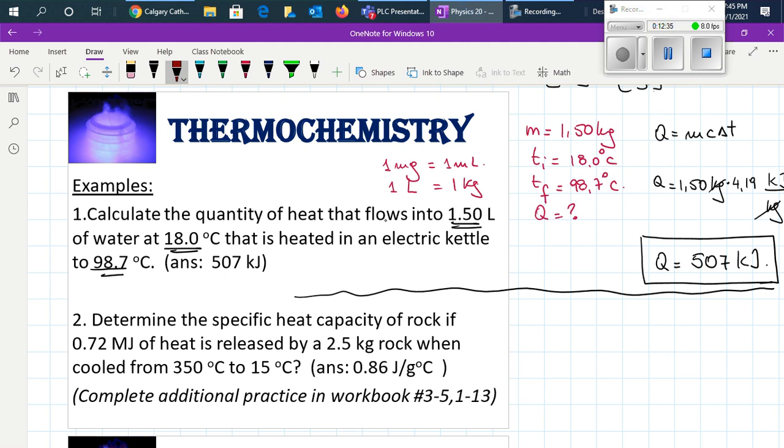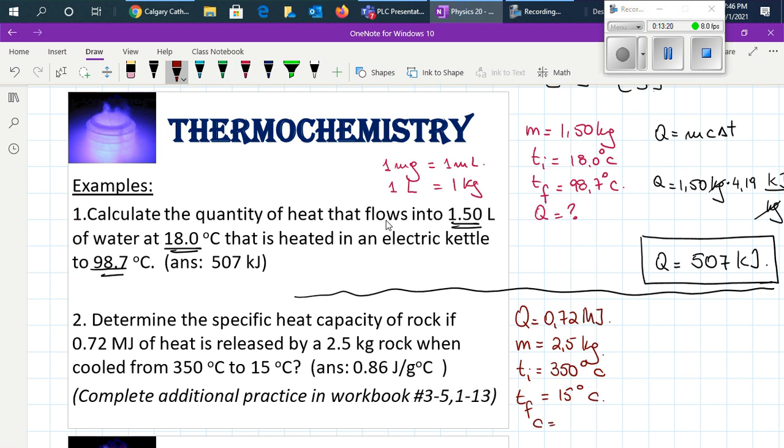Okay, now let's take a look at the other one. Determine the specific heat capacity of a rock if the heat, in this case, is 0.72 megajoules and is released by a rock with a mass of 2.5 kilograms, when it's cooled down from an initial temperature of 350 degrees Celsius to a final temperature of 15 degrees Celsius.